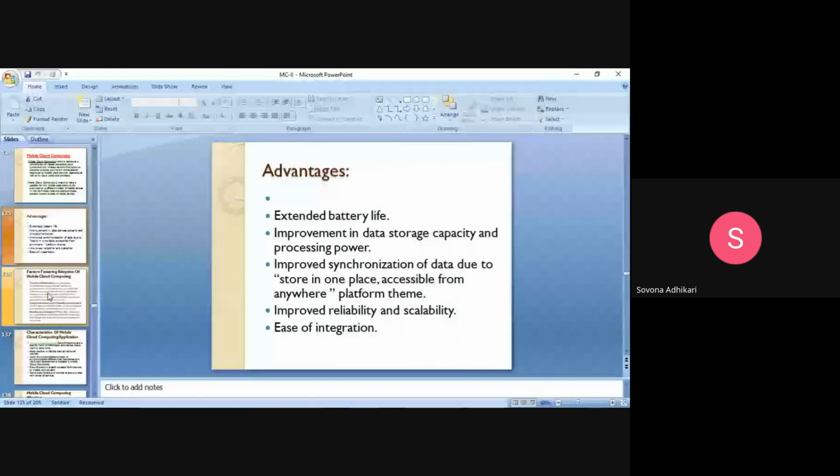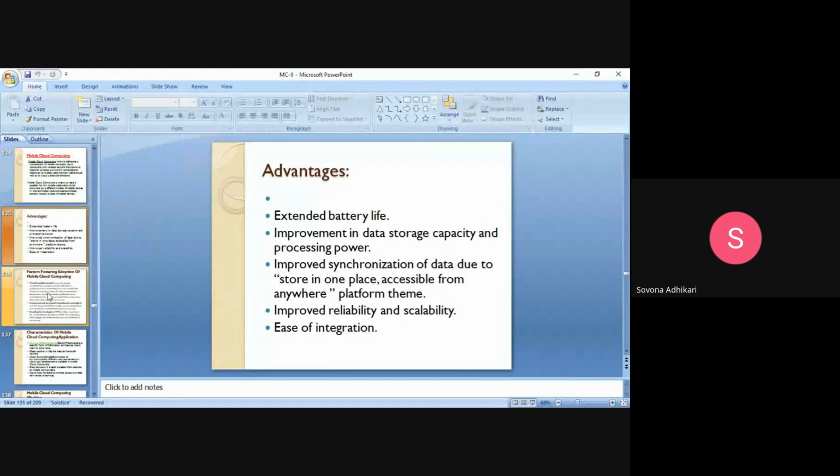First, its advantages. It has extended battery life, because the data processing is done outside of the mobile device, so less power is consumed and the battery life increases. Improvement in data storage capacity and processing power.